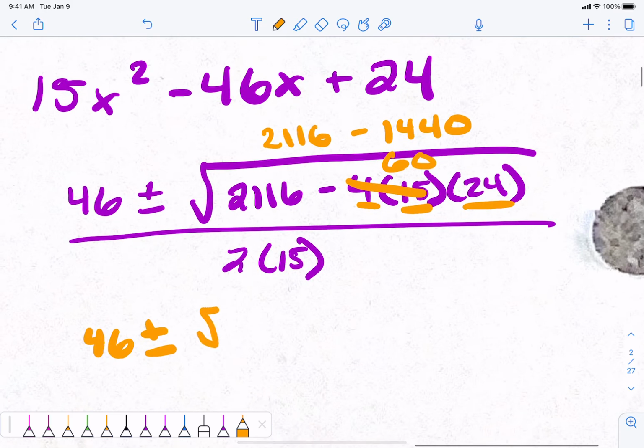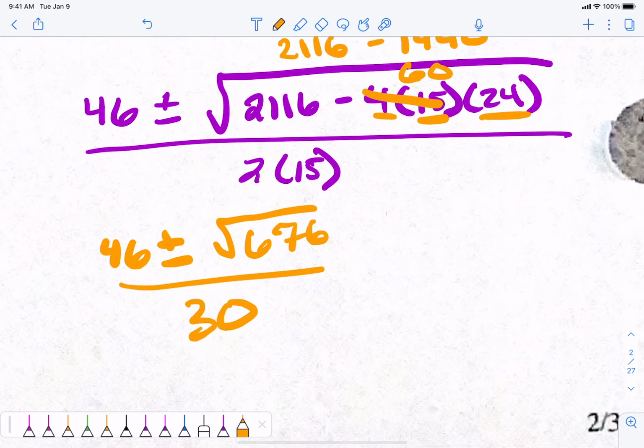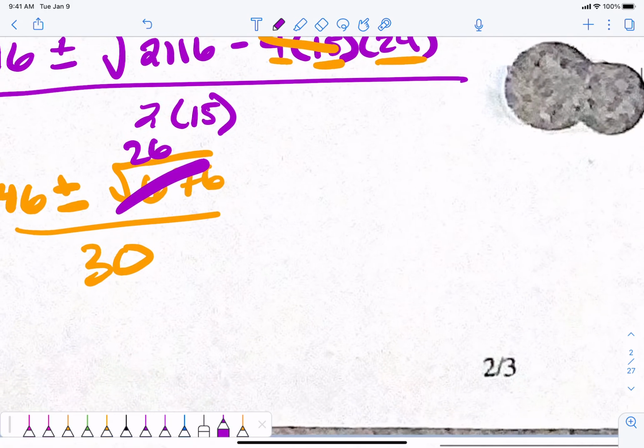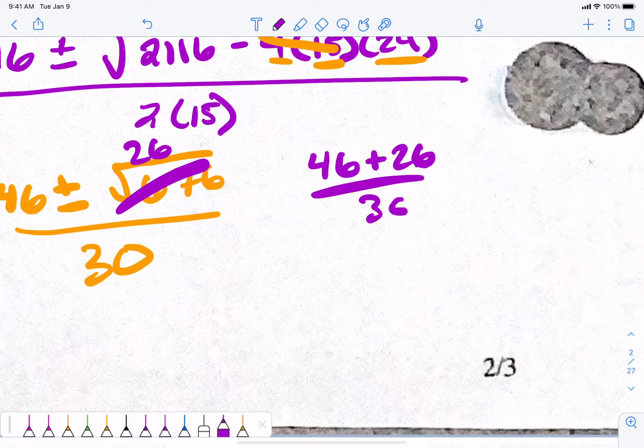That comes out nicely, all over 30. The square root of 676 is 26. Beautiful. So I have 46 plus 26 over 30, and 46 minus 26 over 30.